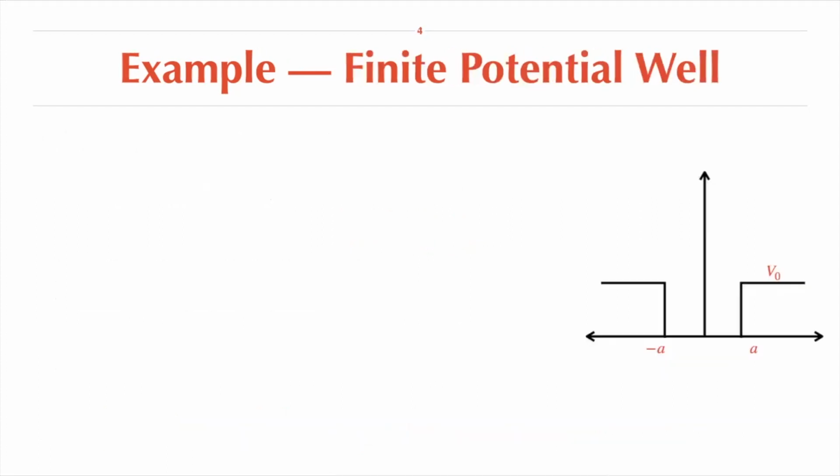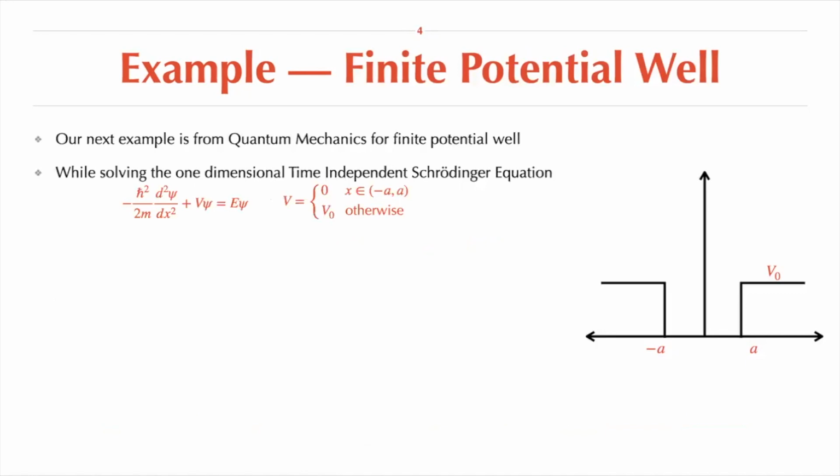The next example that I'm taking from quantum mechanics is the finite potential well. In this case we solve this differential equation, a second order linear differential equation, where V is given by this. As you know, solving the equation leads to states of odd and even parities.